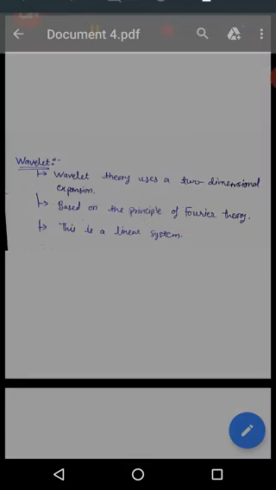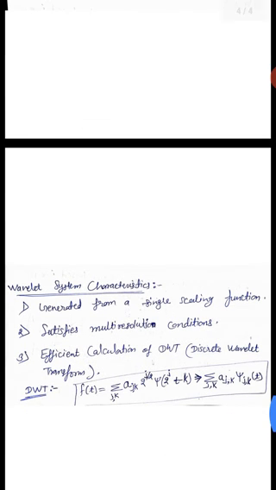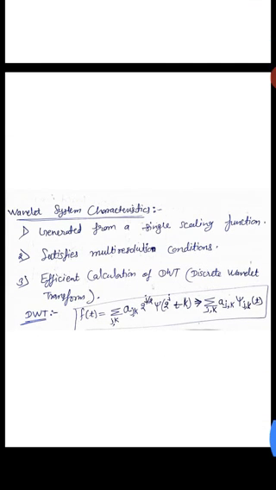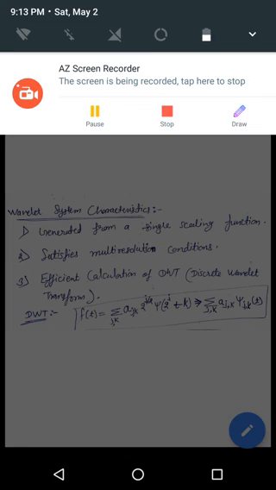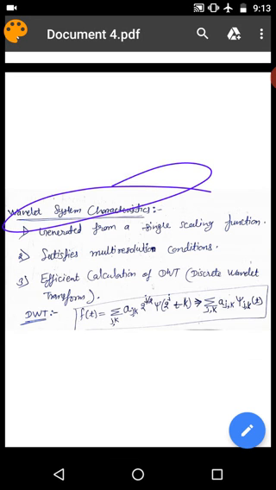Now, what are the characteristics of a wavelet system? First, it is generated from a single scaling function, or wavelet, by scaling and translation. Second, it satisfies the multi-resolution condition.